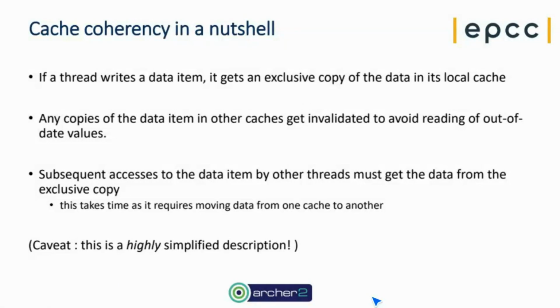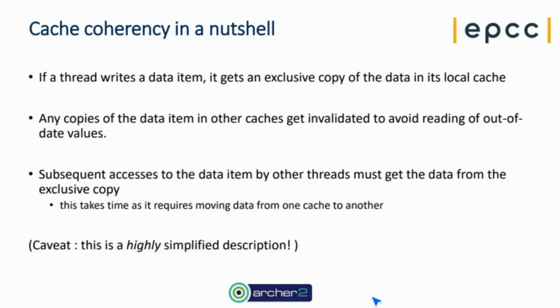The basic idea here is that there can only be one valid value for any piece of data in the system, despite the fact that there could be multiple copies of it in multiple different caches. So in order to preserve the shared memory programming model, the program can only ever observe one value in a memory location at a given time, despite all these copies being around in the hardware.